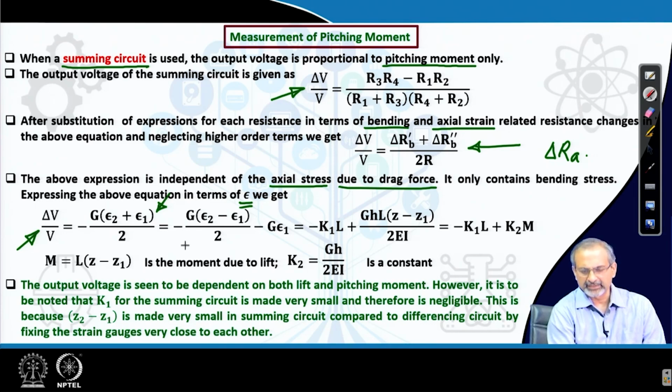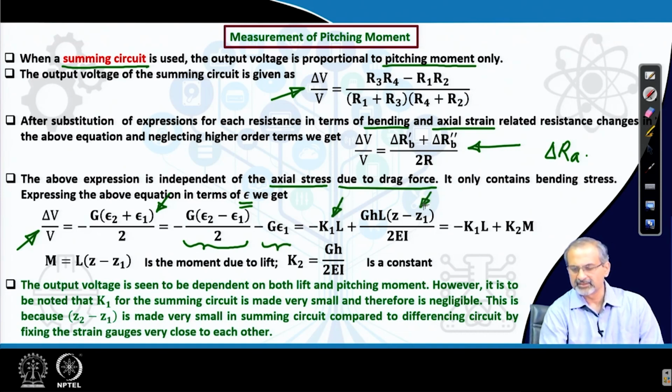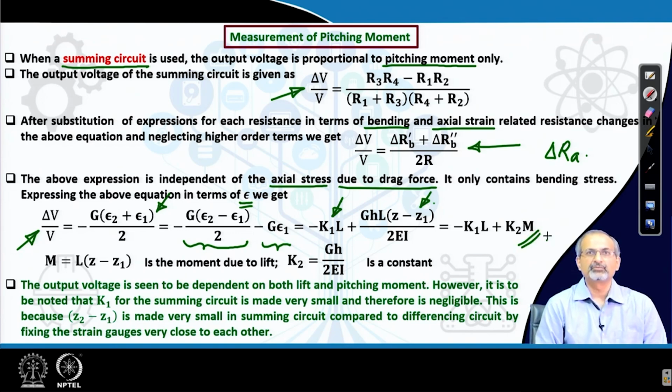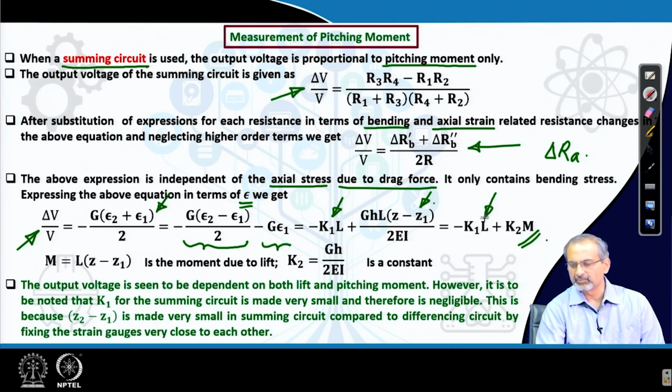Let us try to rewrite it like this. We break it into two terms, and then we can write the first term as minus K1L, the second term as this, which is nothing but another constant into the pitching moment. So, what have we come up with? We have come up with an expression where the output voltage from the Wheatstone bridge is going to be connected with both the lift and the moment.